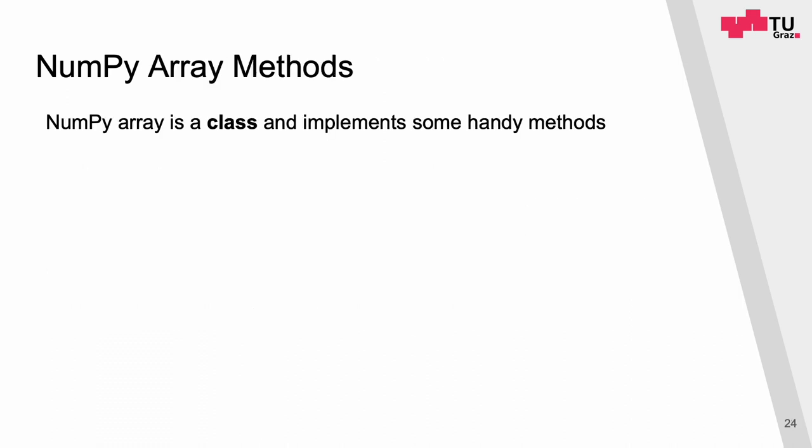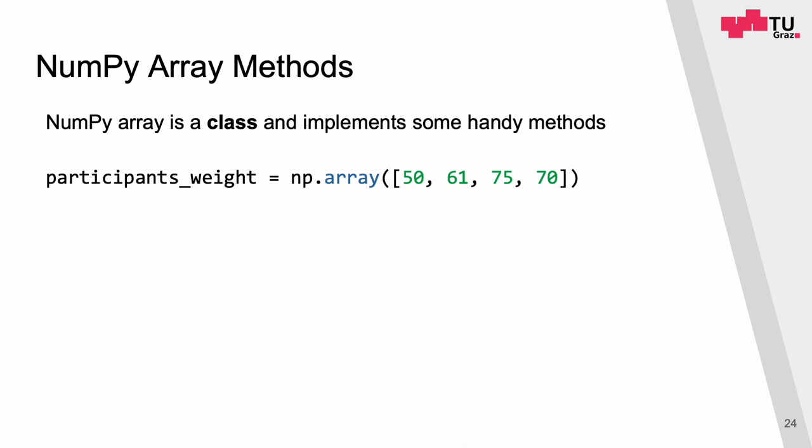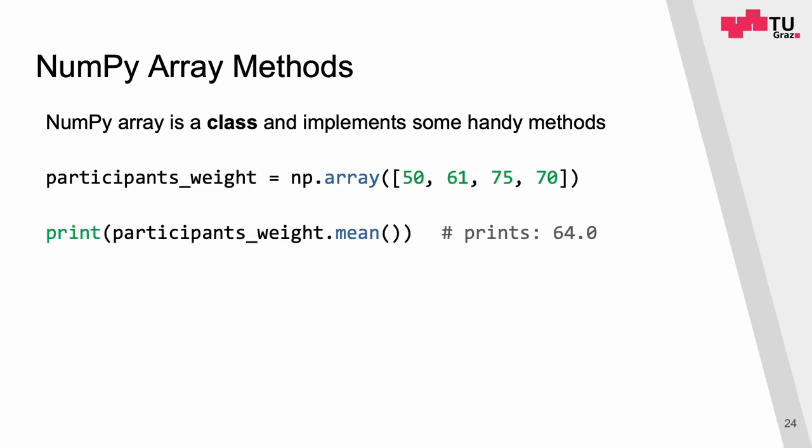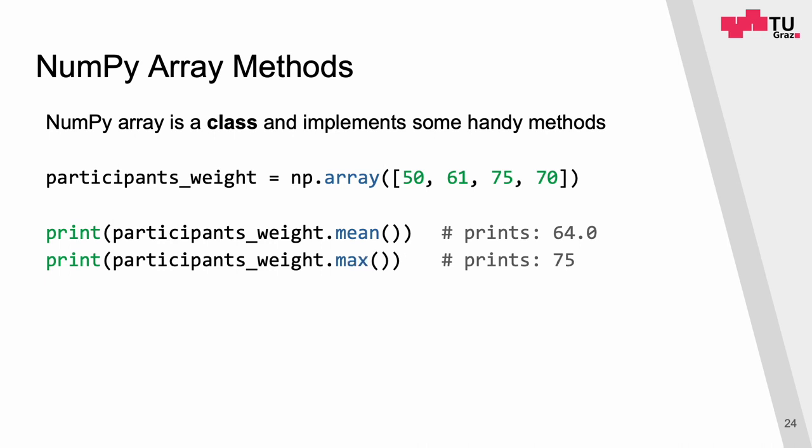So since the NumPy array is a class, it implements some very handy methods. So for example, if we define again our vector, which holds the weight of 4 participants, we can calculate, for example, the mean weight using the mean method, or we can find out the maximum value inside the vector using the .max method.